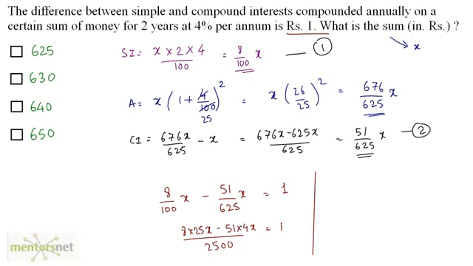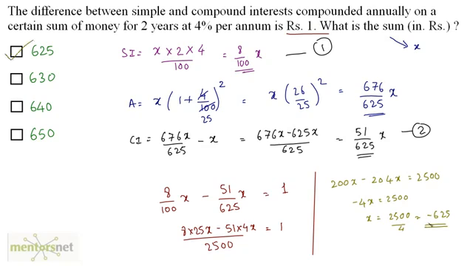So let's solve it here. 200x minus 204x equals 2500. So you have minus 4x equals 2500, and x is equal to 2500 by 4, that is equal to minus 625. Okay, ignore the minus, you got the answer. The sum is 625 rupees, option A.